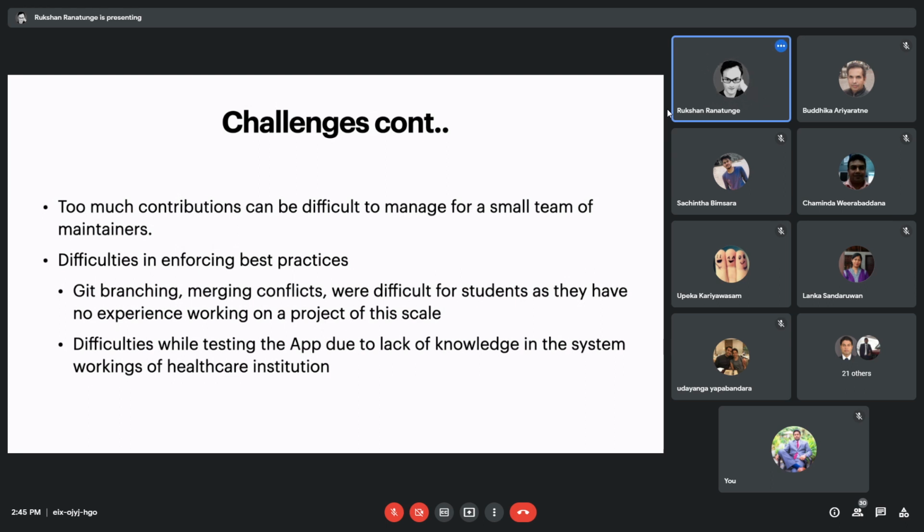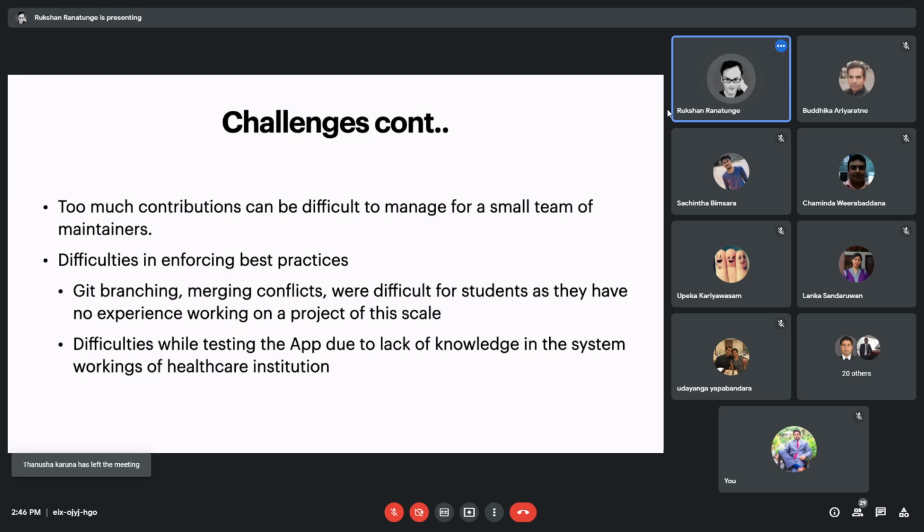So half of the students were following the best practice, but another half was not. And like I mentioned earlier, since they are volunteers, we cannot force them to follow these things.